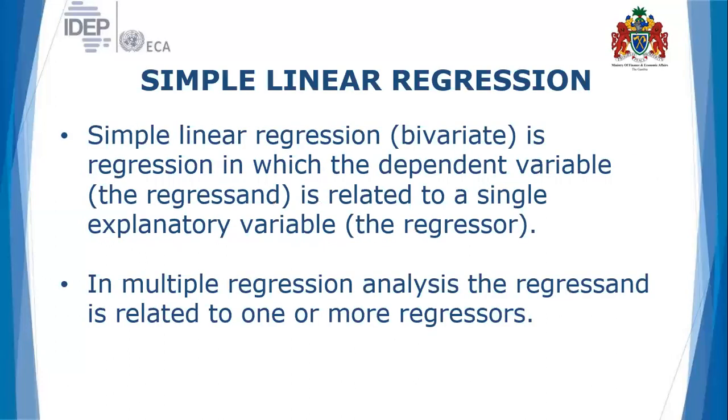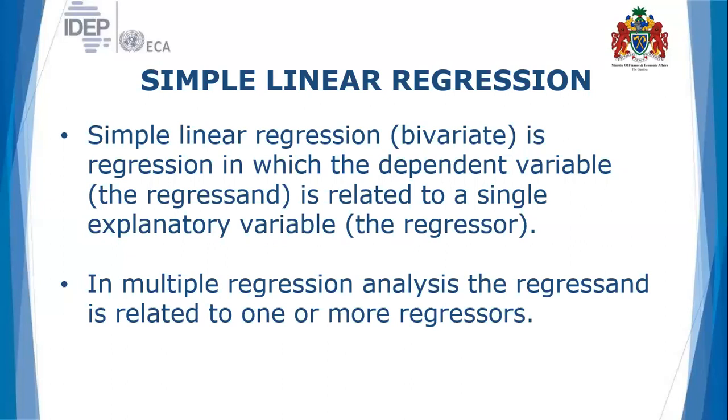Now, having looked at that data, as I said earlier, understanding the nature of a particular data will help us to say what kind of analysis we can do, in regression analysis, for example, and any other analysis. Simple linear regression is also referred to as bivariate regression.